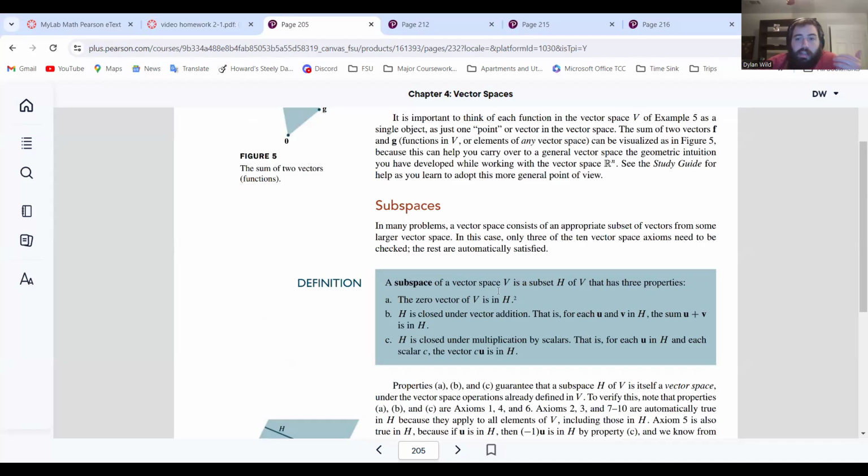That means for any vectors u and v in H, the sum u plus v is in H, and it's closed under scalar multiplication, which means that for any vector u within H and each scalar c, the vector cu is also in H. But the real tricky and conceptually interesting bit is this 0 vector component.